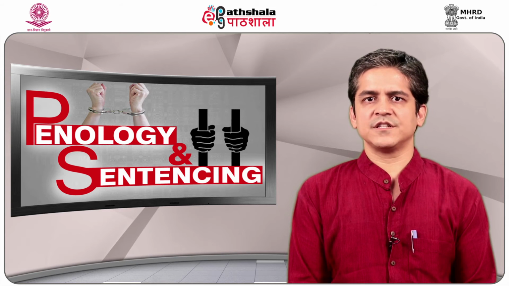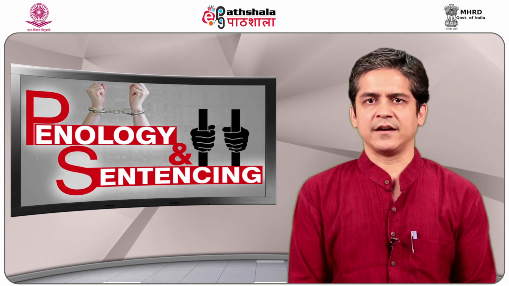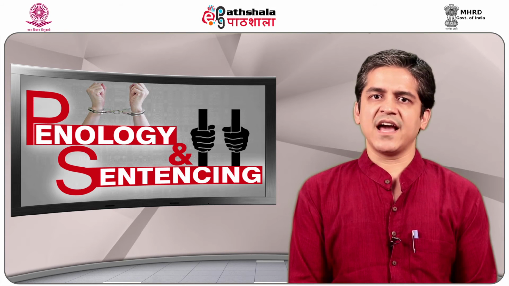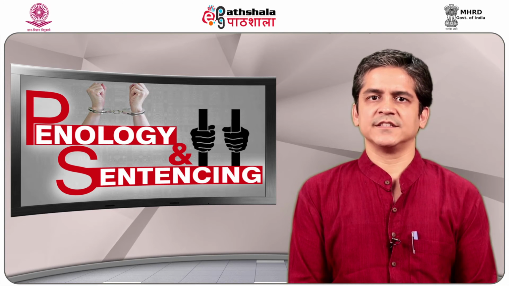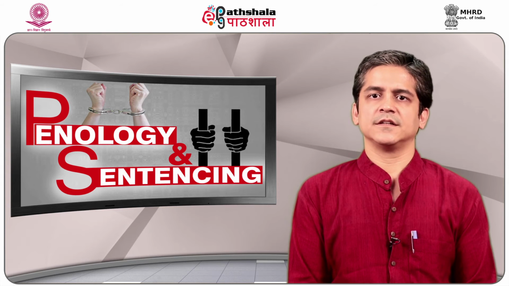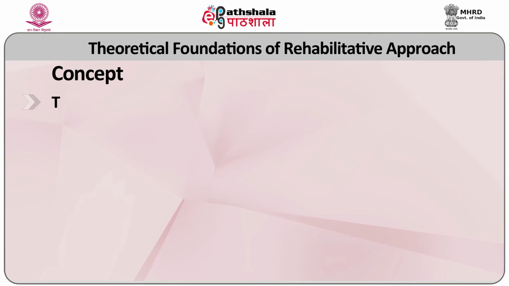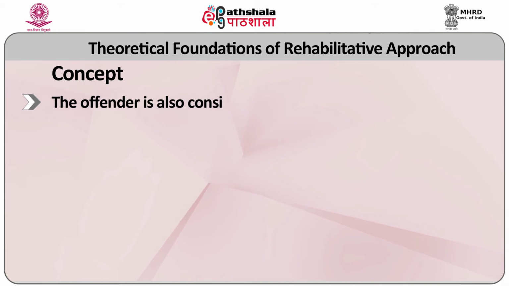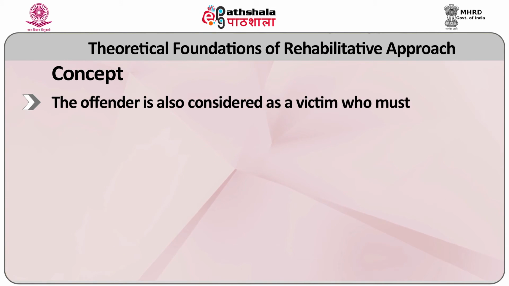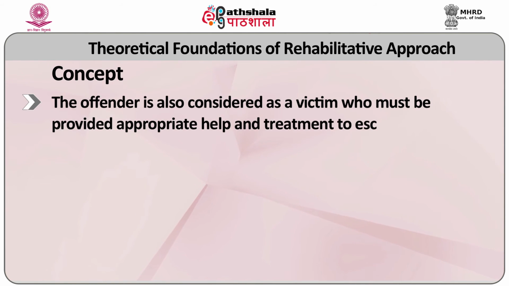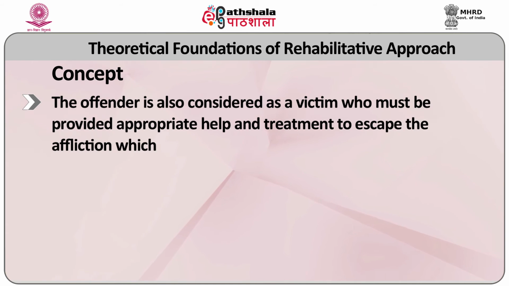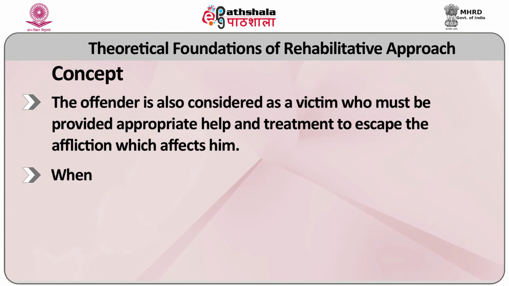As the positivist model considers the actions of an individual to be influenced by externalities, the rehabilitative approach on punishment seeks to neutralize such externalities. In this perspective, the offender is also considered as a victim who must be provided appropriate help and treatment to escape the affliction which affects him.